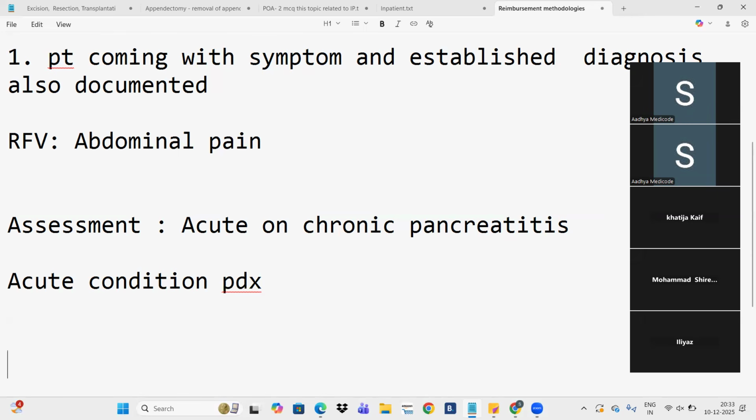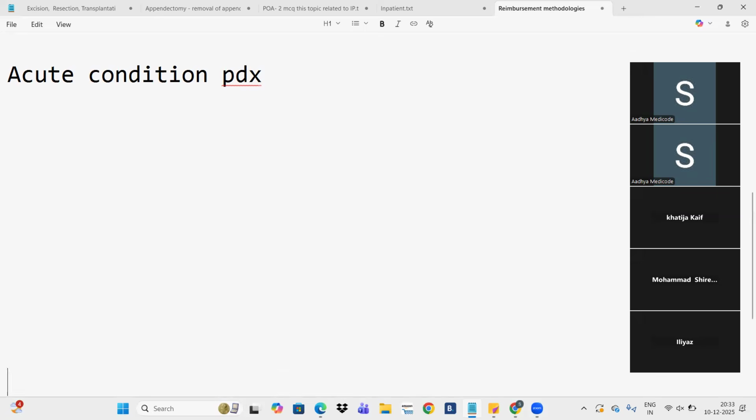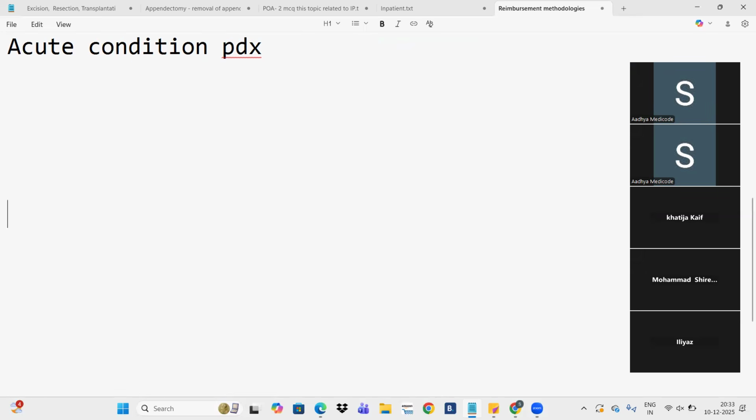Next concept. When a patient has multiple injuries, this is important. How to arrange the PDX? We need to code fracture first, if documented.